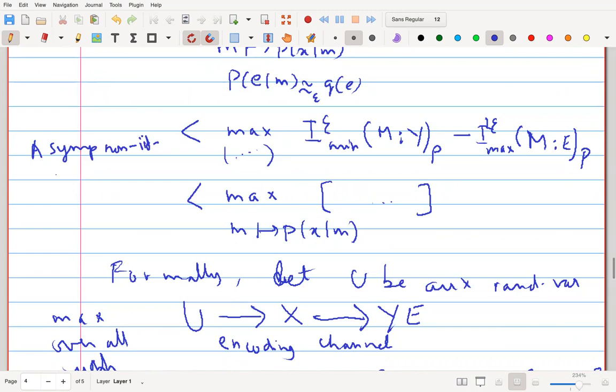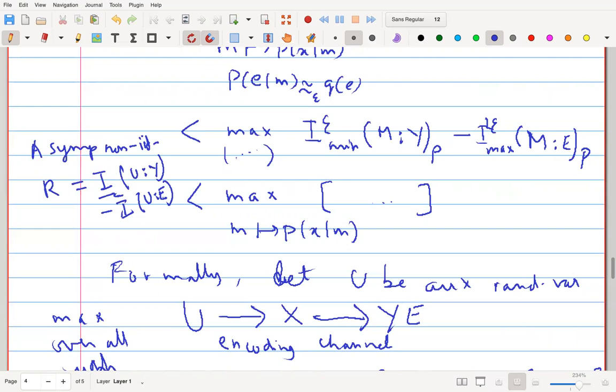We know it is I lower bar of U to Y, maximizing over the Markov chain, the same business, minus I upper bar, exactly what you would expect from the one shot. There we have a matching converse, but that's not surprising. A matching converse at the one shot level almost automatically implies the same converse for that.